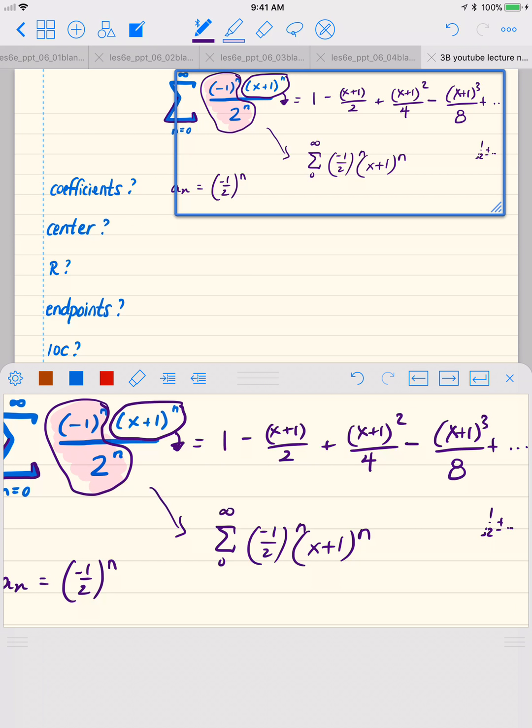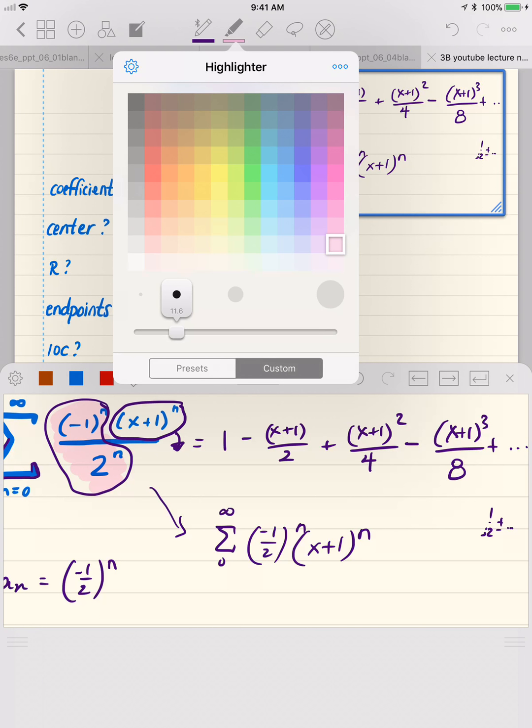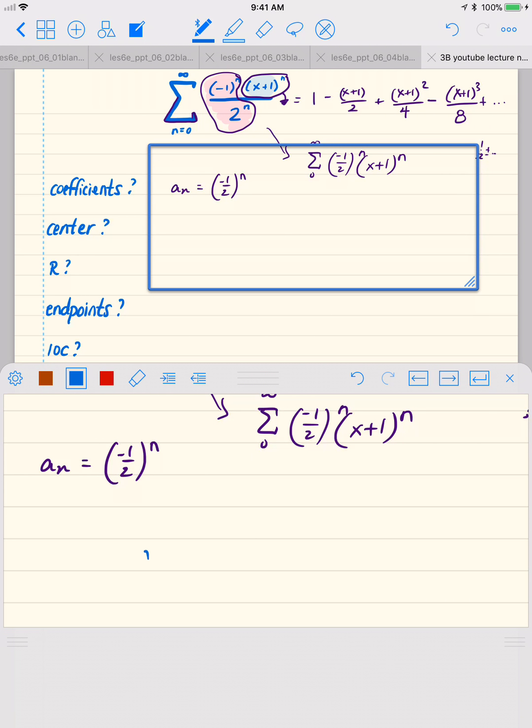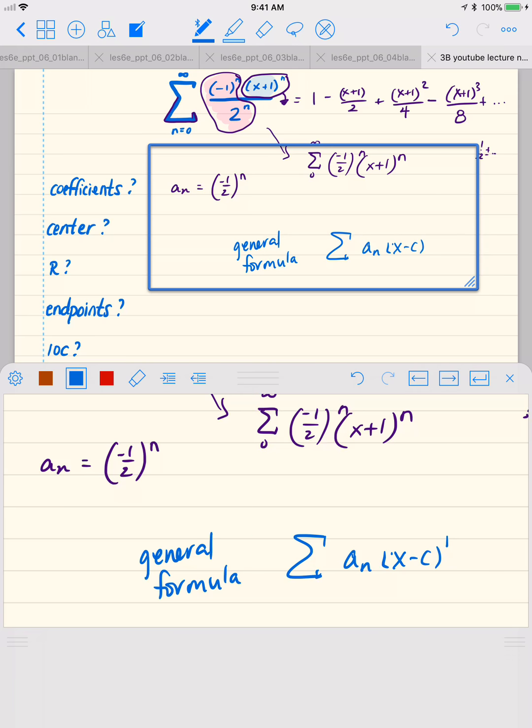My center, I can see just by looking at the power series. The center is going to be negative 1 because this is x plus 1. So remember the general formula for power series: a sub n and then x minus your center to the nth power.